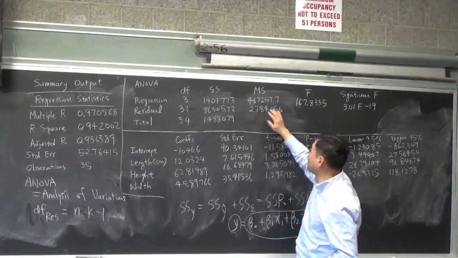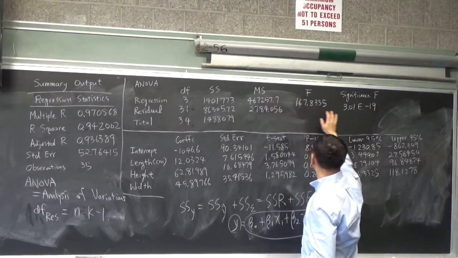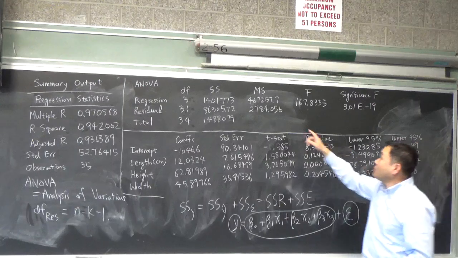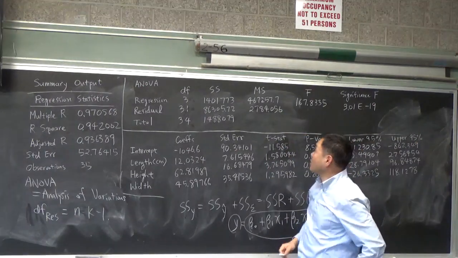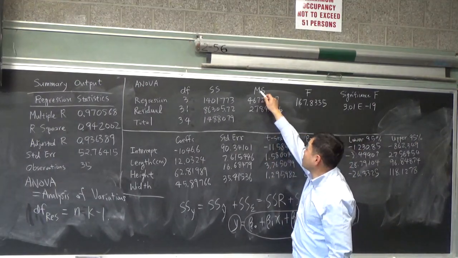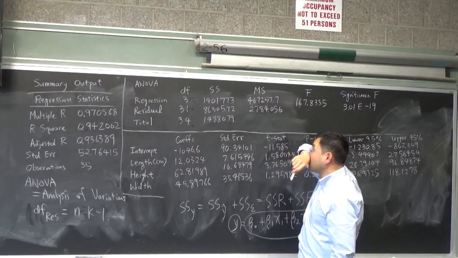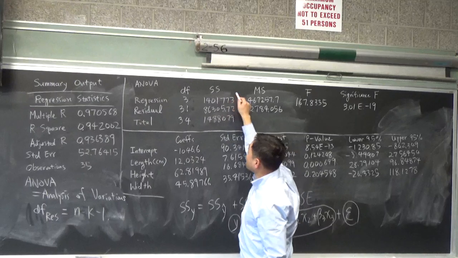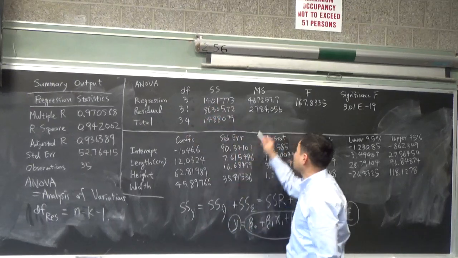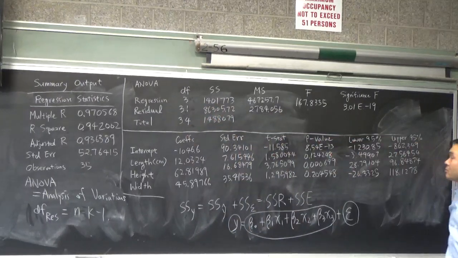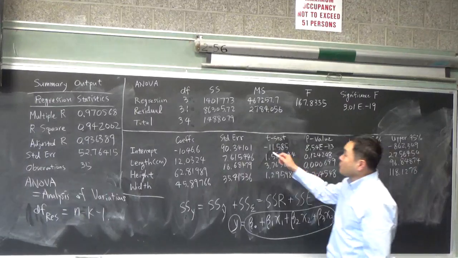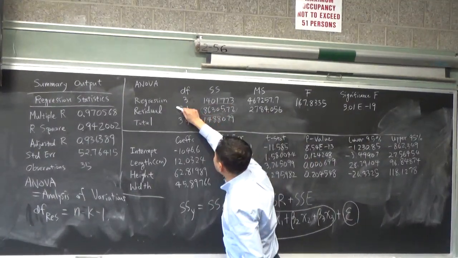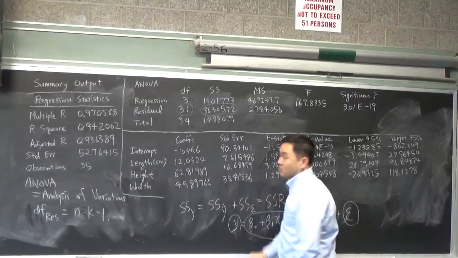So let me explain how you find these numbers. First of all, MS means mean squares, mean sum of squares, and what it means is you divide the sum of squares by the degrees of freedom. If you took your calculator and did this value divided by this value, you'll get exactly this value.